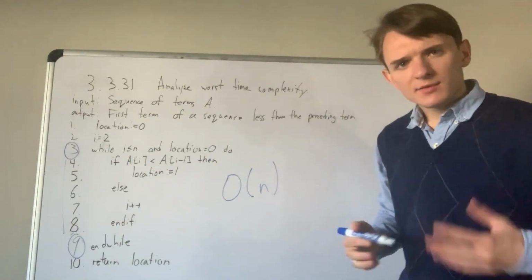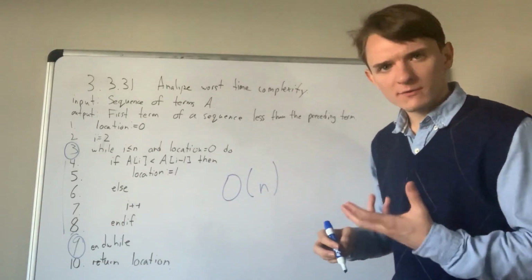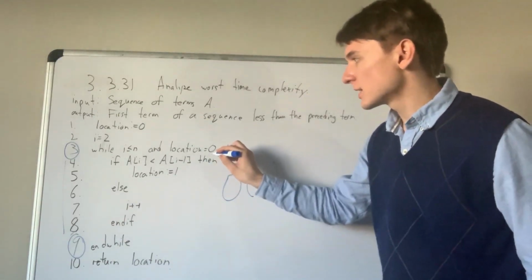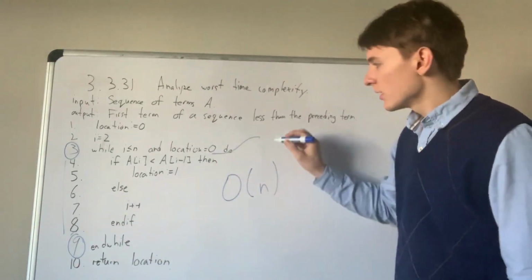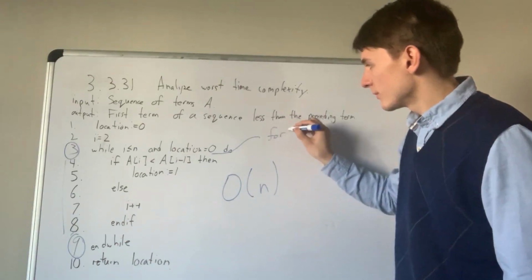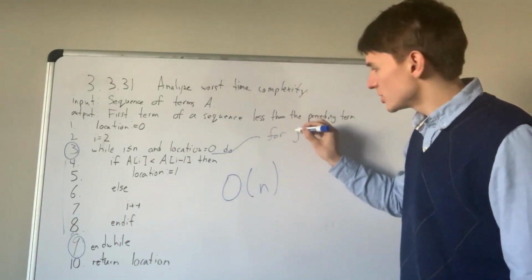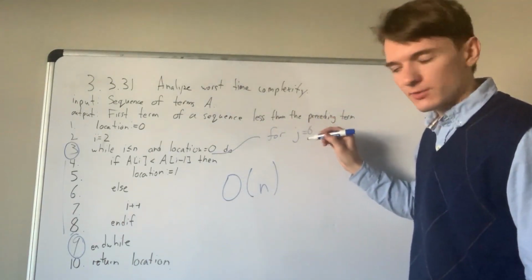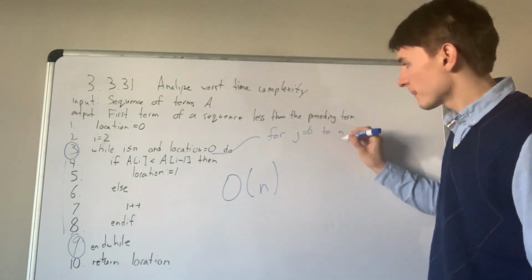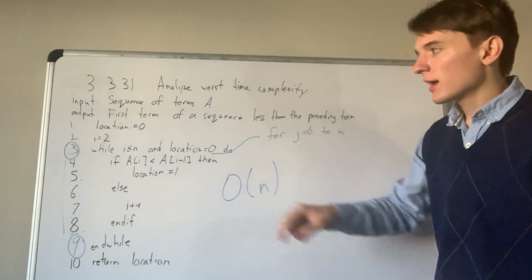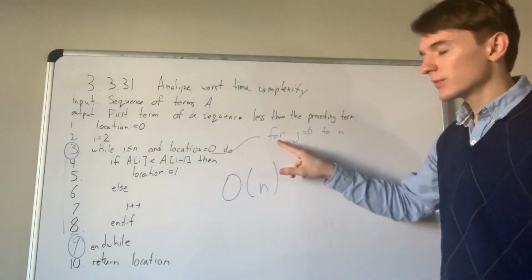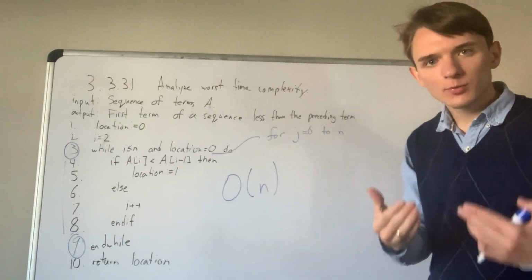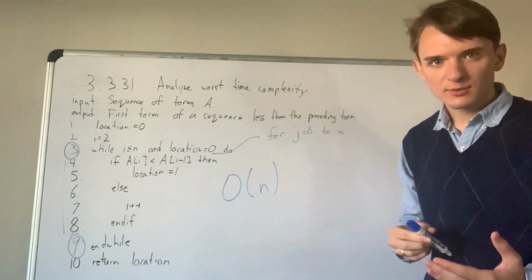So just as a side note, let's say somewhere in our function, maybe over here between steps 3 and 4, we had a for loop that goes from j, which begins at 0, to n. Well, then we have within a while loop, a for loop. So we have a loop within a loop. That's a nested loop.